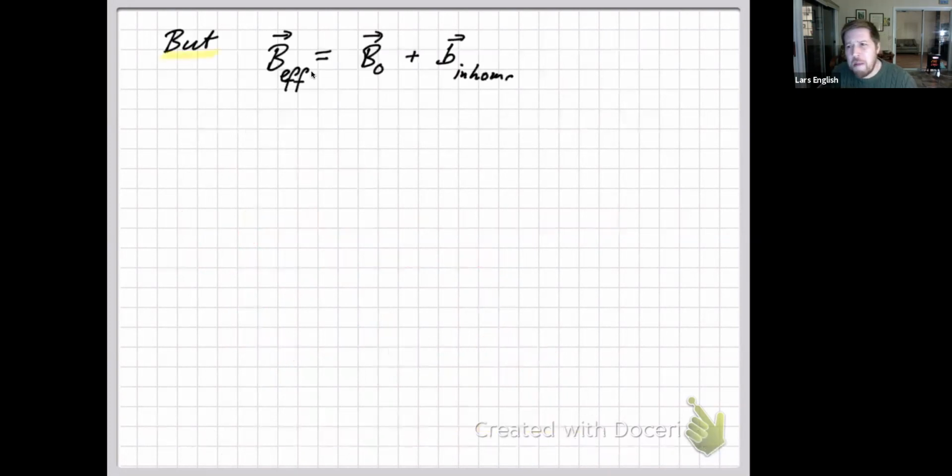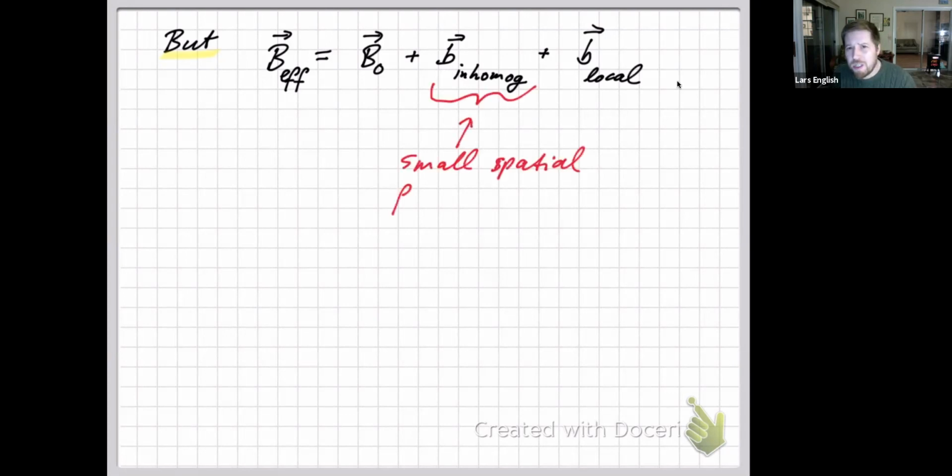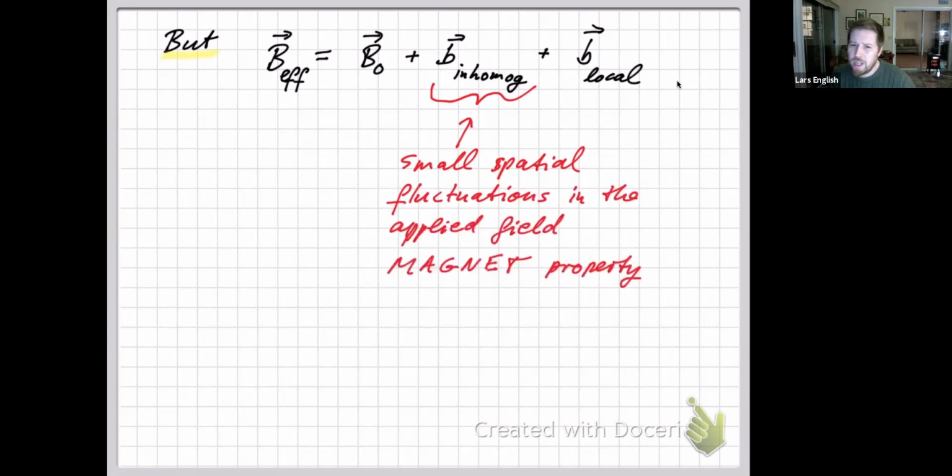So we get them more or less the same. That's the B naught, but there is also some inhomogeneity, which I'm labeling here. And that is spatially dependent. So this little b here is spatially dependent. Here's another contribution that I want to talk about. But first, this inhomogeneity, just small spatial fluctuations in the applied field B naught.